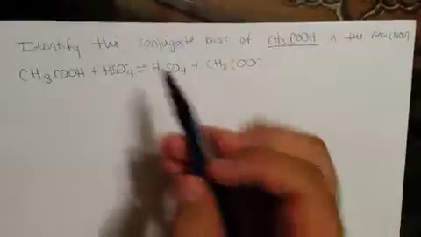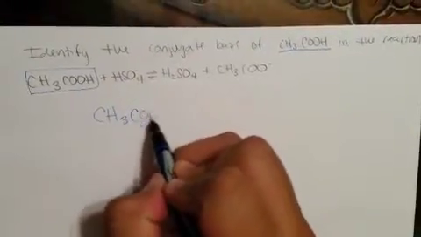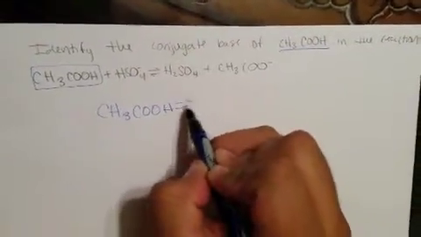This particular problem, it's asking us to identify the conjugate base of CH3COOH in the reaction CH3COOH plus HSO4 negative dissociates into H2SO4 plus CH3COO negative. So same as the last problem, it's asking us for this particular one, so we're just gonna take it out of the equation once again and dissociate it.